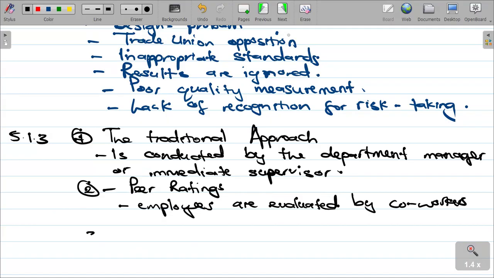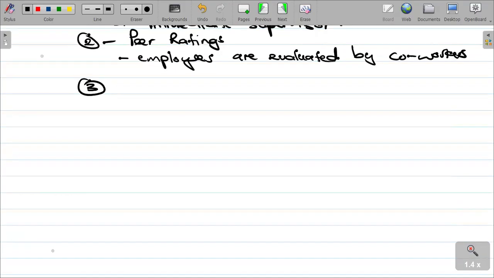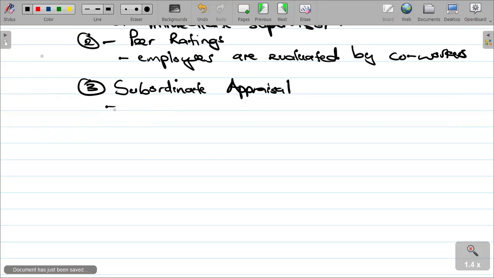Right. Number 3, which is what we call subordinate appraisal. Whereby employees in the lower level will be rating seniors.